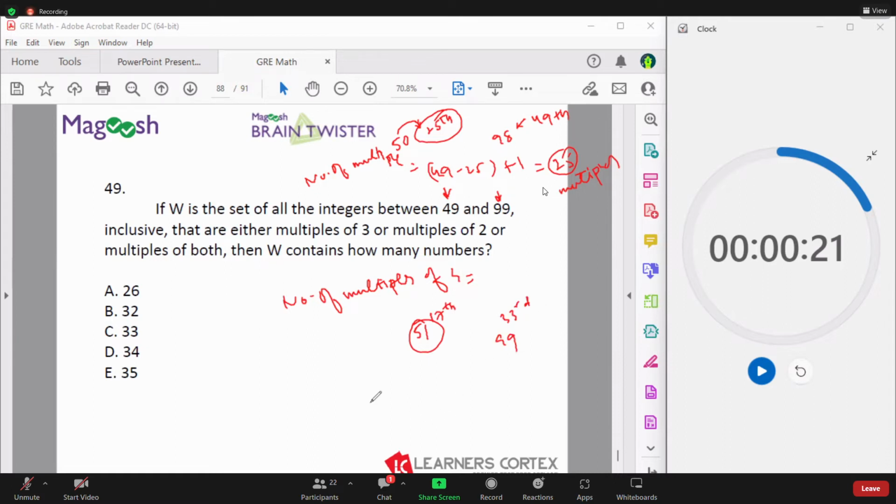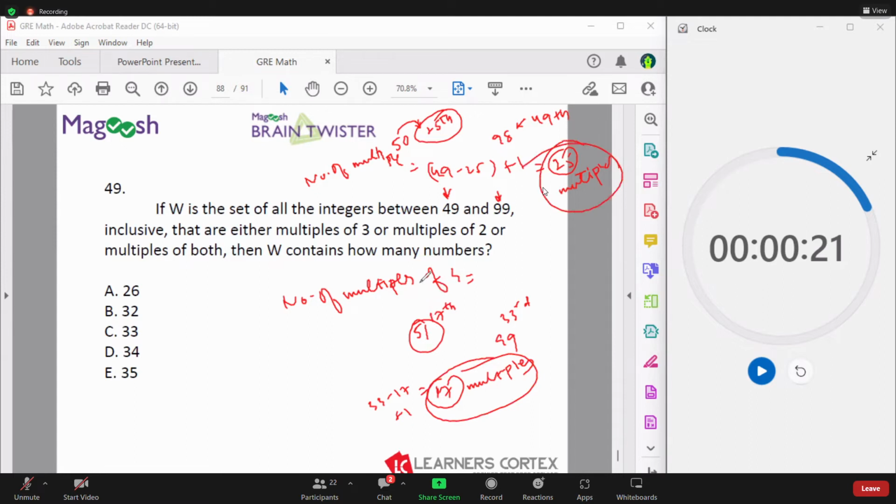So 33 minus 17 becomes 16, and then plus 1, 17 multiples. So 17 multiples of 3 and 25 multiples of 2.